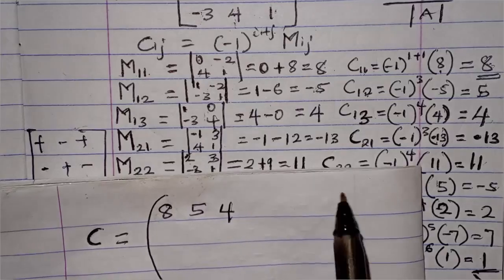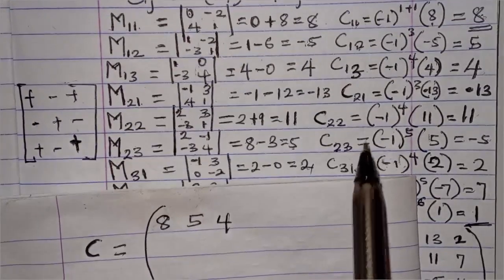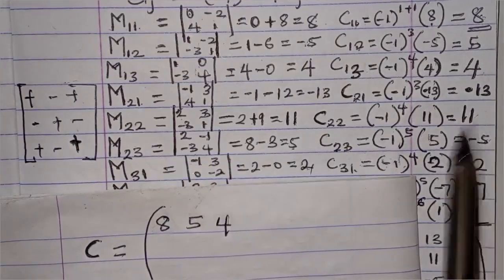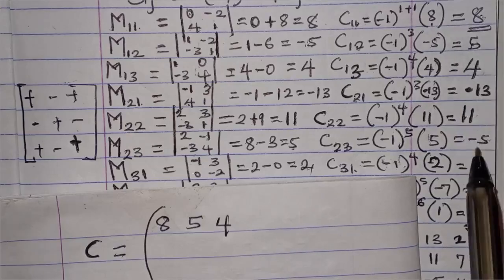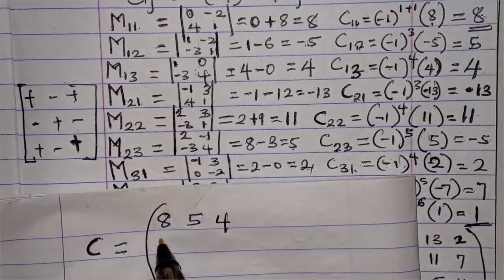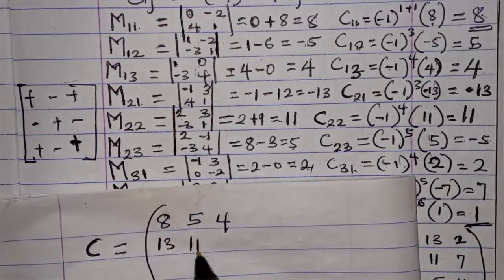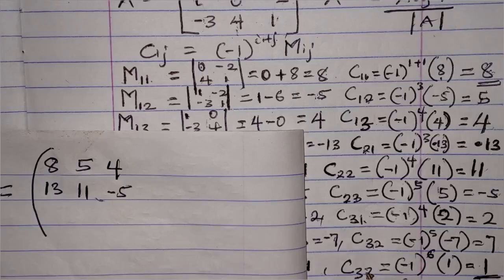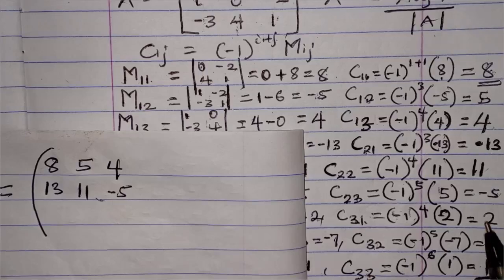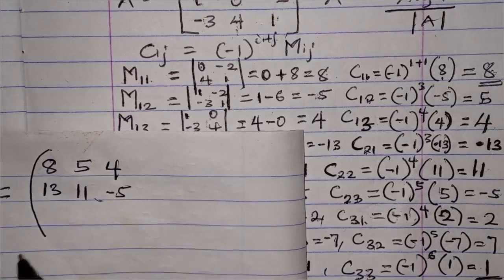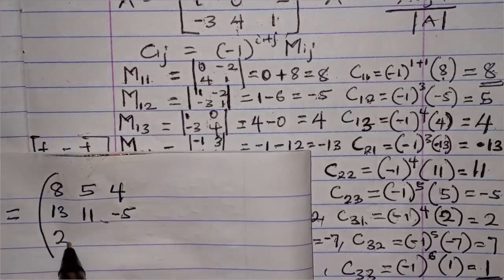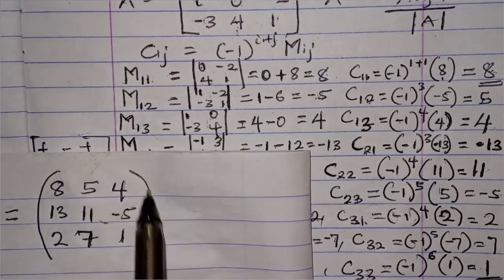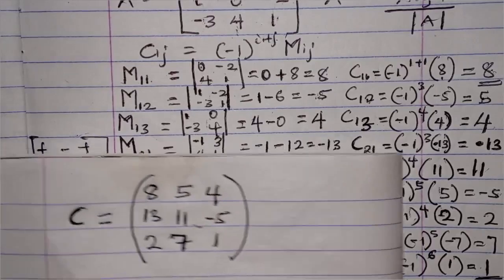Then we have C21, C22, C23, that's 13, 11, minus 5 on the second row. C31, C32, and C33 will be on the last row: 2, 7, 1. This is the matrix of cofactors.